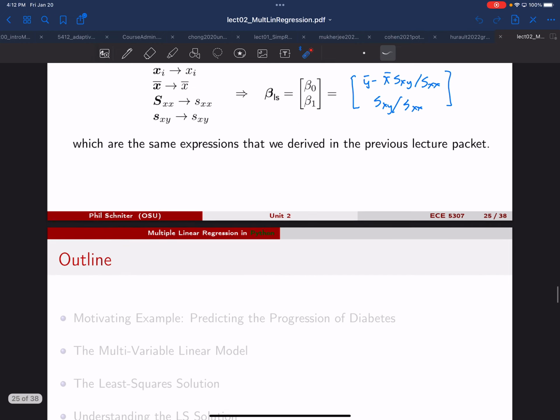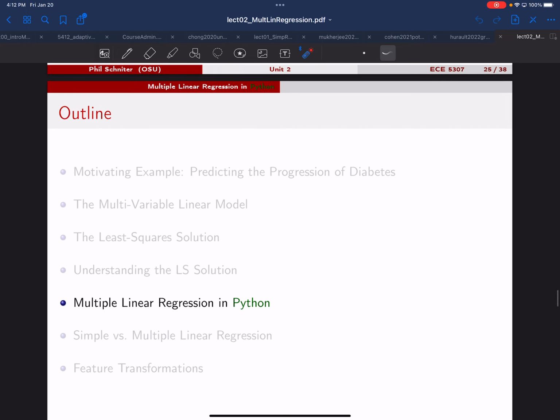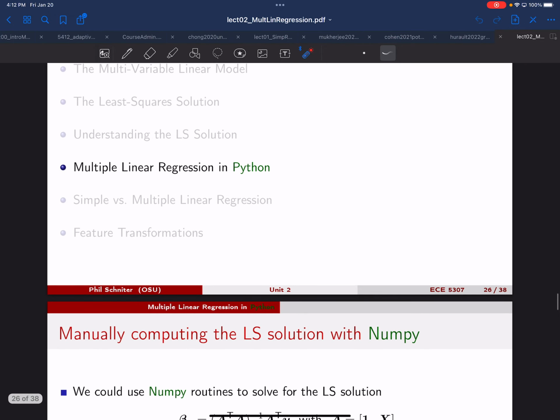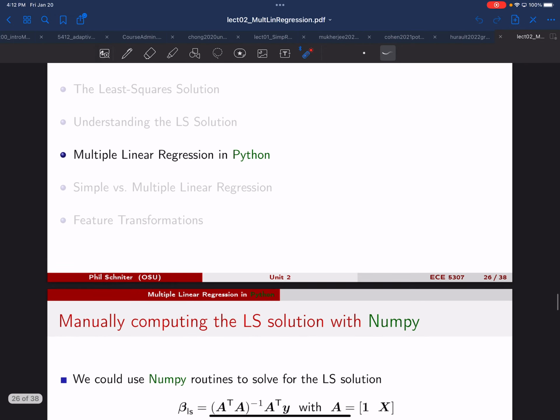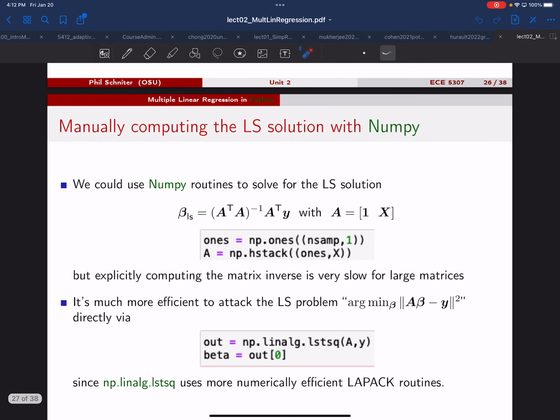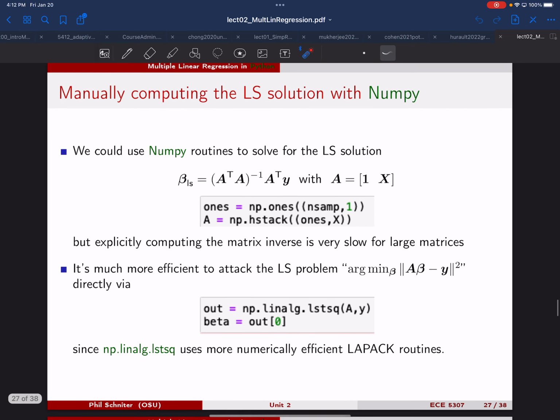All right, so that's where we left off last time. So today we're going to talk a little bit about Python, simple versus multiple linear regression, and some important feature transformations that we need to do, especially when we work with something called categorical data. Okay, so let's talk first about how we can implement this least squares solution in Python.